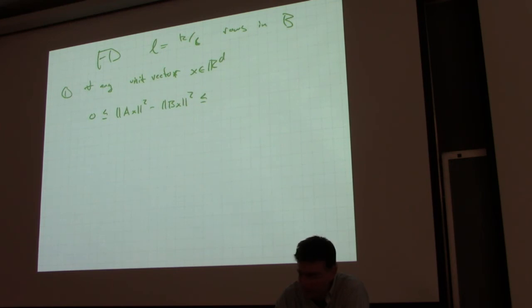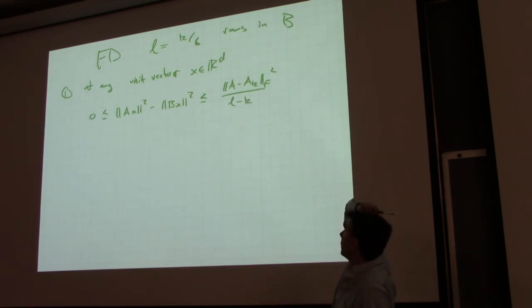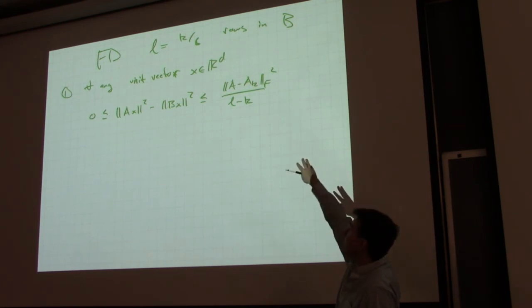And then I want to say I never shrink it too much. And so I can compare it to the best rank k, and I can say that the error is compared to the tail. So the sum of the squared singular values that are not in the top k.